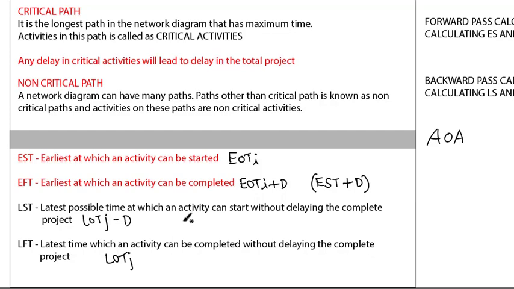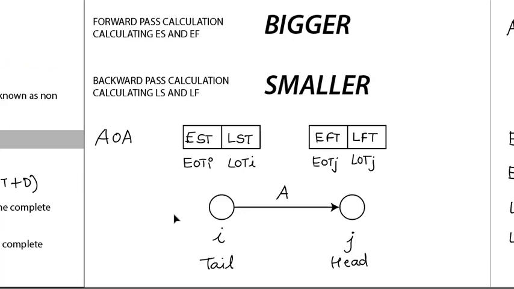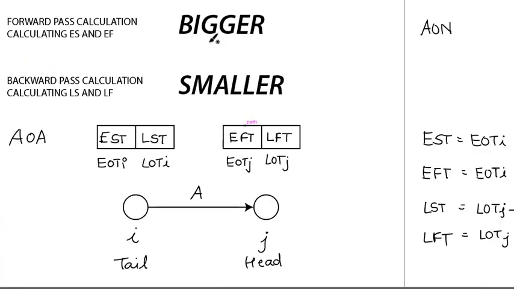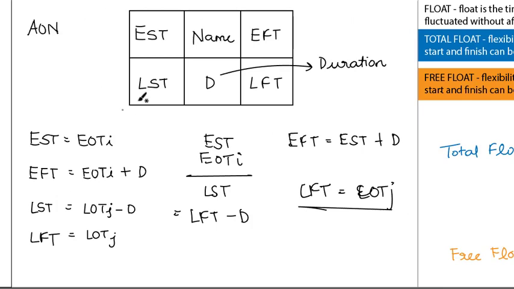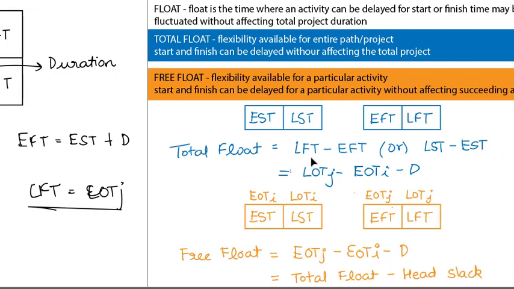So in forward pass calculation you always consider the bigger number, in backward pass calculation you consider the smaller one. I is the tail, J is the head, Tij is the known duration, and then comes the activity on node representation, where I have written the same formulas again.